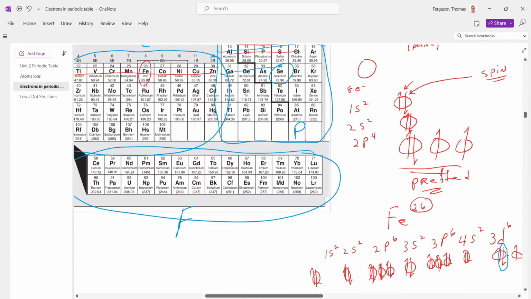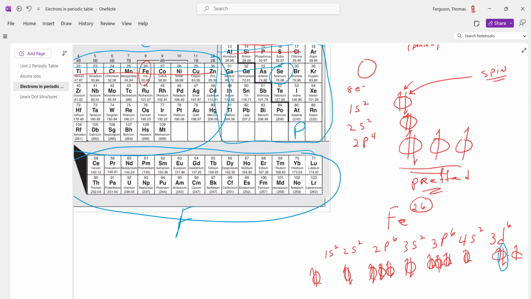So let's do a couple more things. What I wanted to cover today was this, no more than this. This is a lot. I want you to be able to write down to, this is shell 5 going across here, and this is 4D.